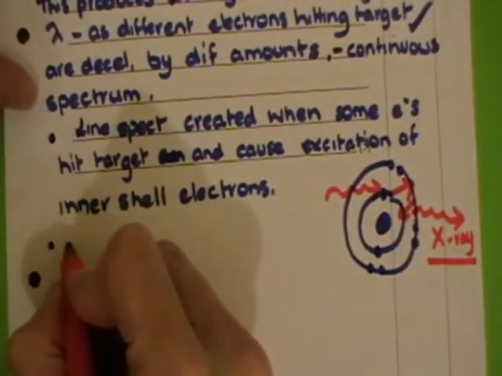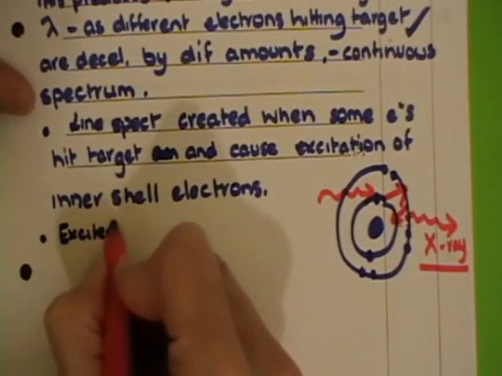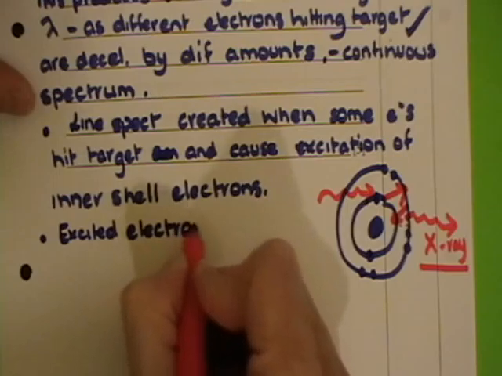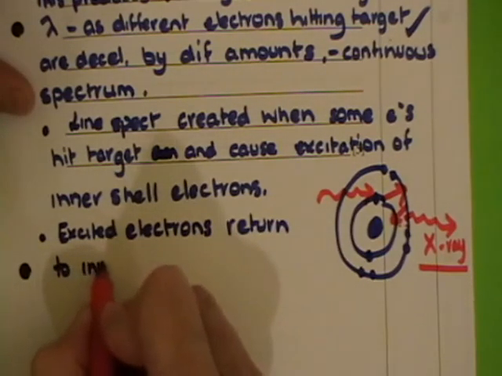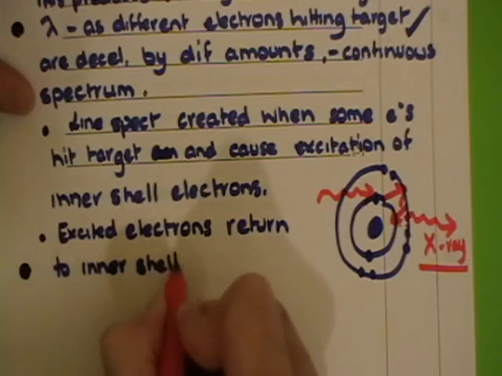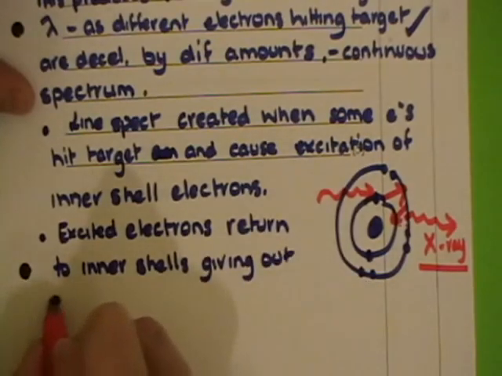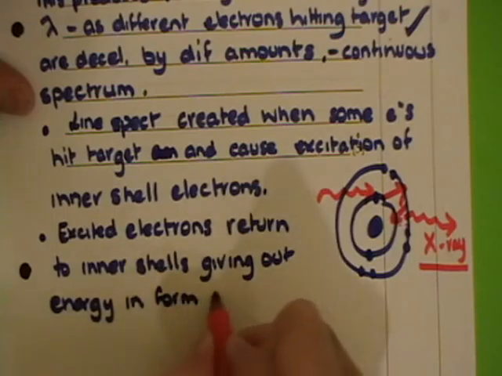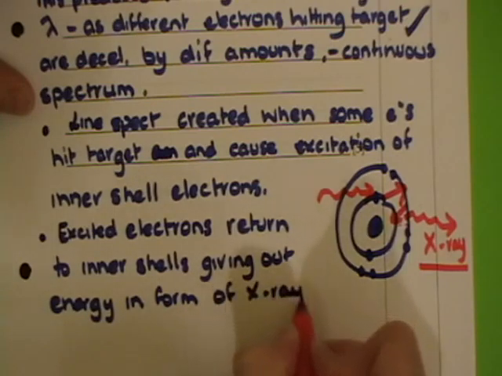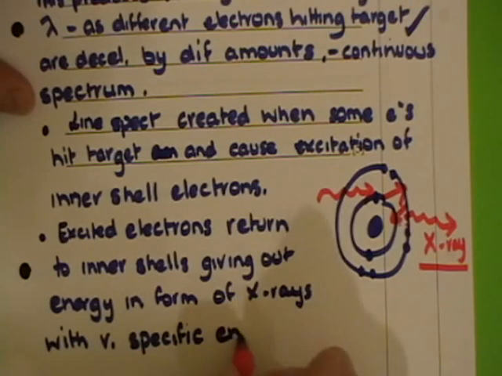So then the electrons which have been excited will return to inner shells, giving out energy in the form of X-rays with very specific energy values.